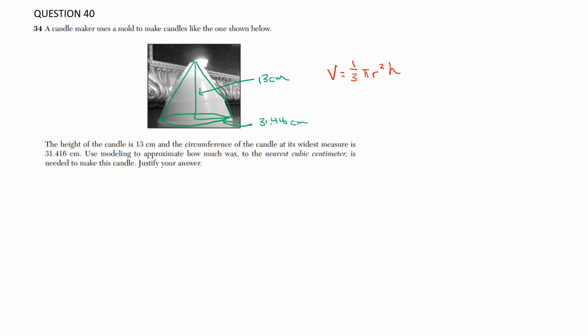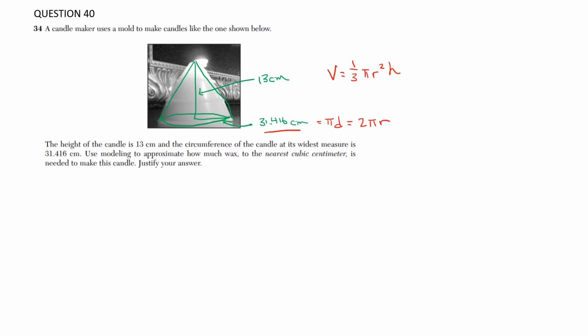To find r, we're currently given our circumference. So how do we get from circumference to diameter and radius? Well, circumference equals pi d. But diameter is equal to 2r, so we can just do 2 pi r here. So we take 31.416 centimeters and divide by 2 pi.